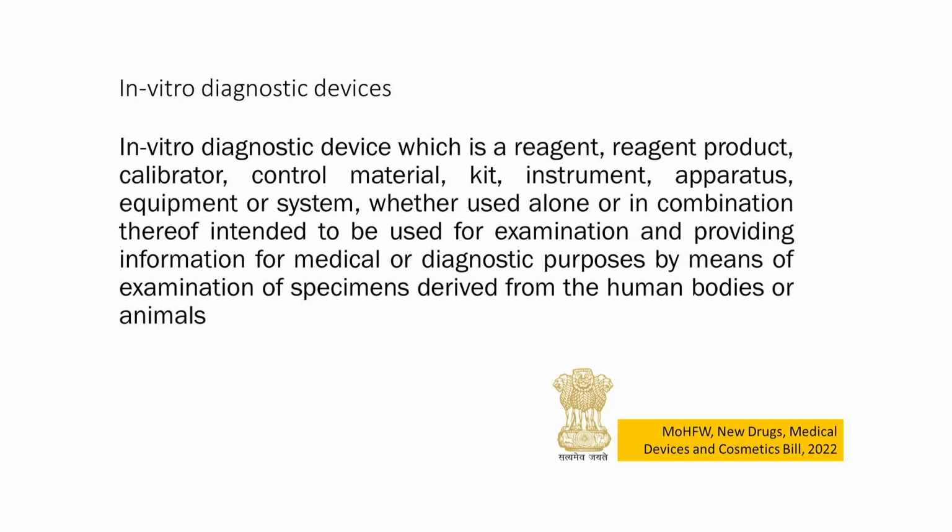So an in vitro diagnostic device is basically defined as a reagent or a reagent product or a calibrator or a control material or a kit or an instrument or an apparatus, equipment or a system, whether used alone or in combination, intended to be used for examination and providing information for medical or diagnostic purpose by means of examination of specimens derived from the human body and animals, right?